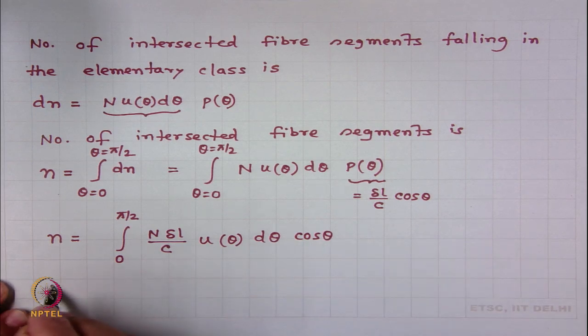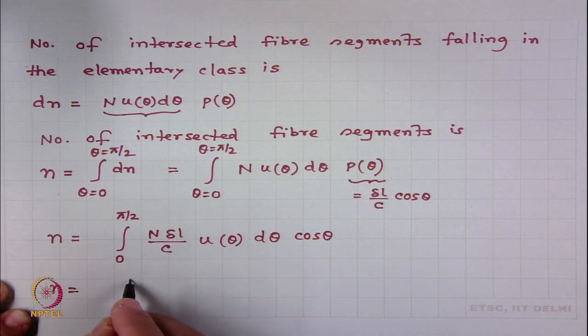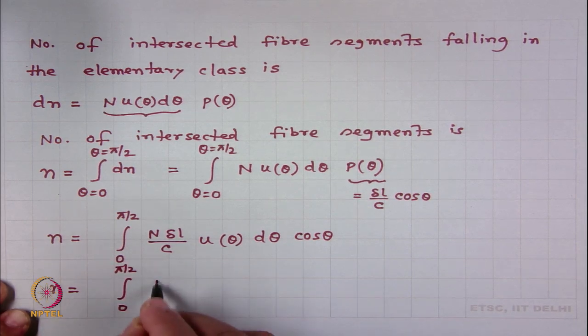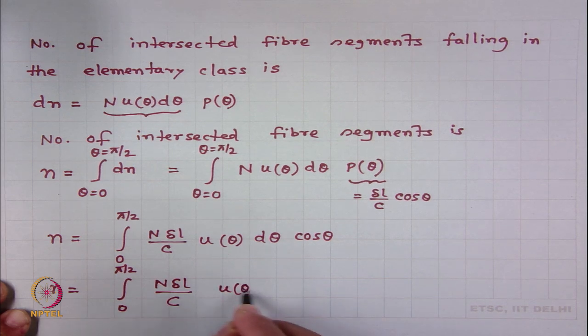So, let us write it once again in a more correct form, 0 to pi by 2 N delta L by C u theta cos theta d theta.